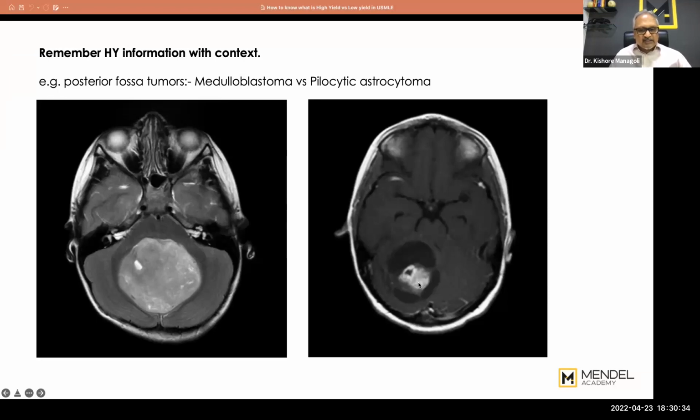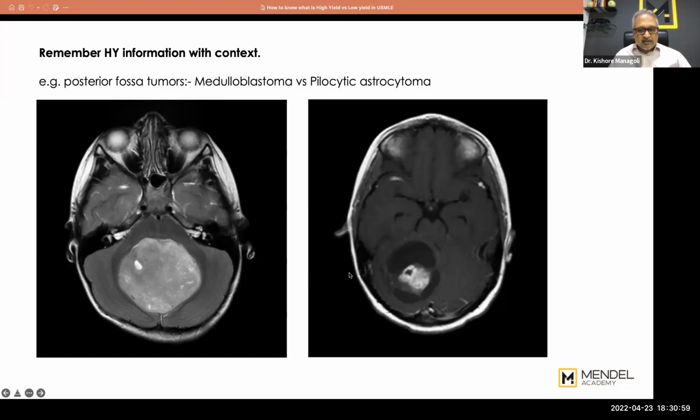So if they give you these kind of MRI scans, then you should be able to differentiate them on the basis of the image. Medulloblastomas are going to be homogeneously dense. So these are dense tumors. These are cystic plus dense. So pilocytic, the way I would like to remember this is pilocystic, because there is a cystic component. So there are simple ways to memorize these things.